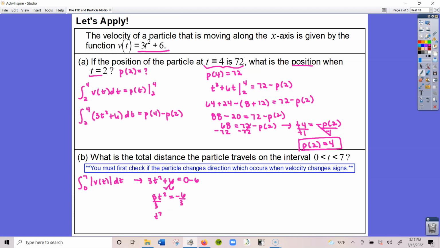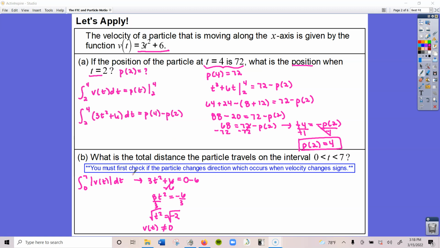We get t squared is equal to negative 2. And then square root. But here we get an imaginary number. So what that means is that v of t is never going to equal 0. And if it never equals 0, that means that it never crosses the x-axis and your velocity will never change signs. So it's always going to go in one direction.